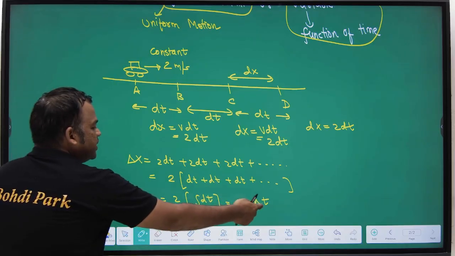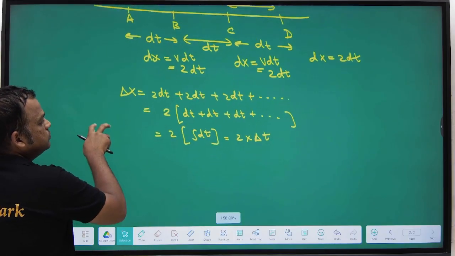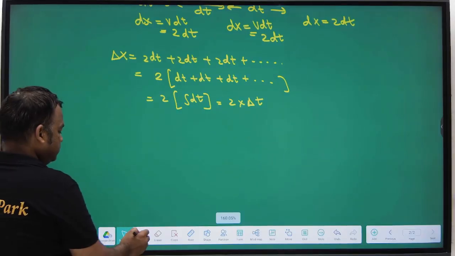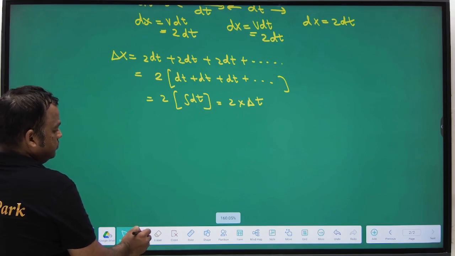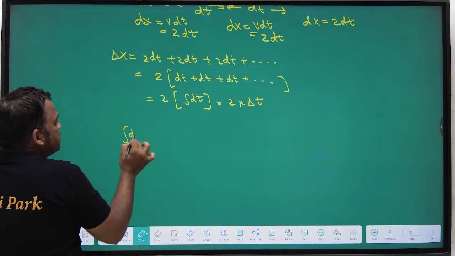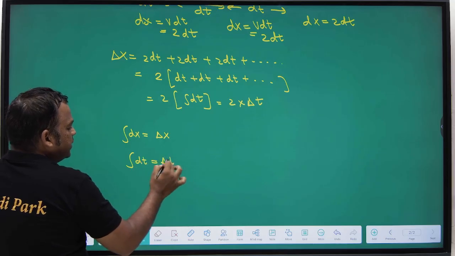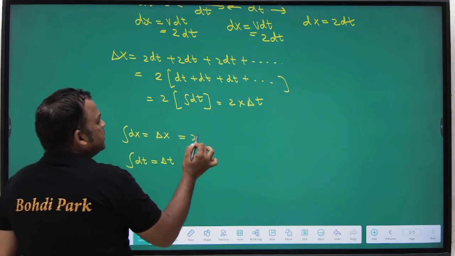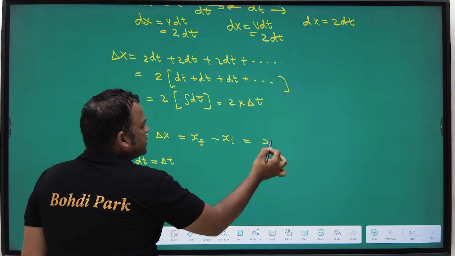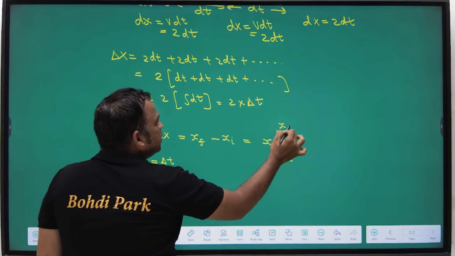So how to write this delta t in some other way? Integration of dx can be written as delta x, integration of dt can be written as delta t, and delta x can be written as x final minus x initial, which can be written as x with limits x initial to x final.